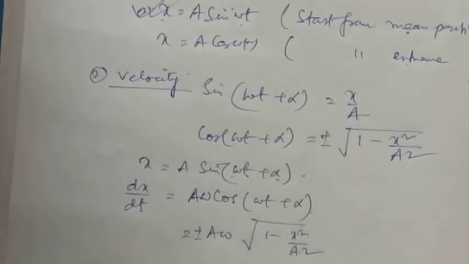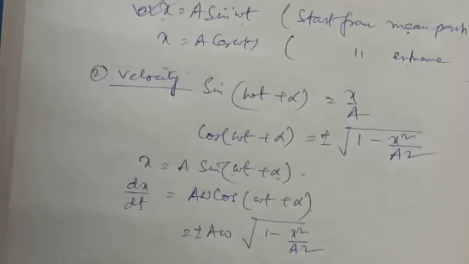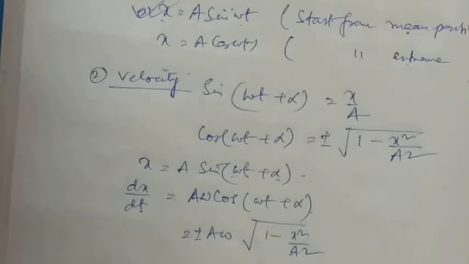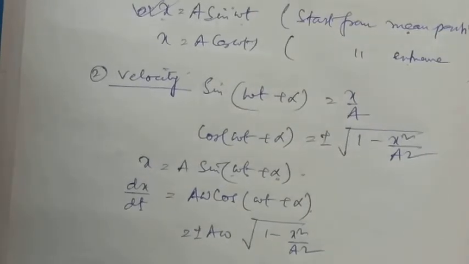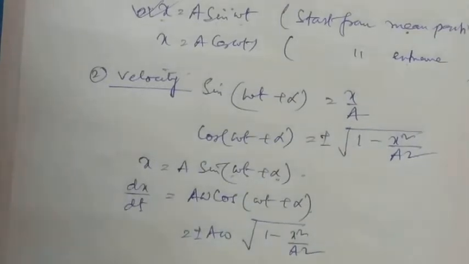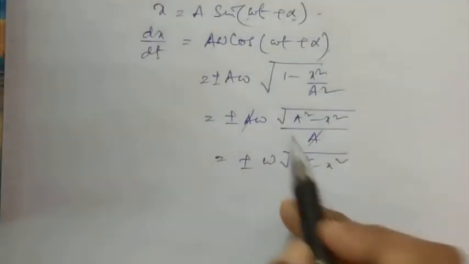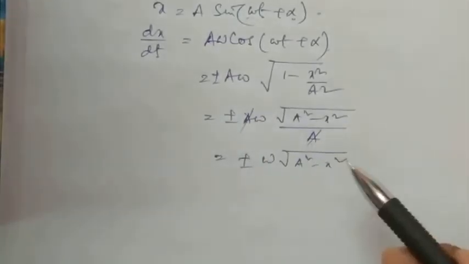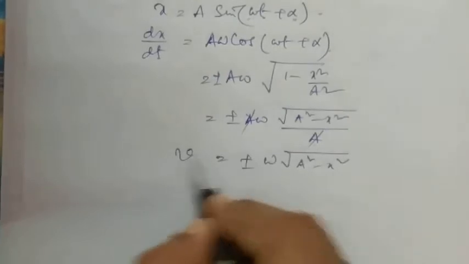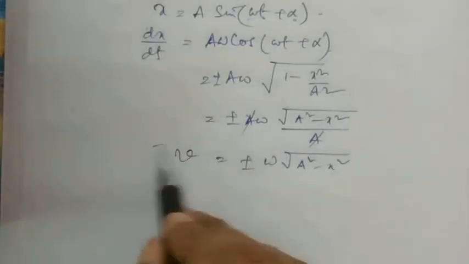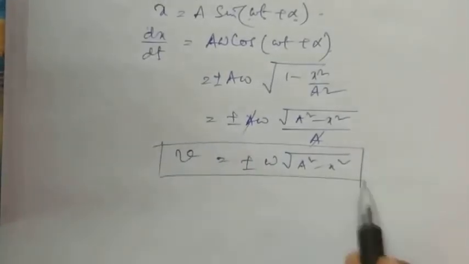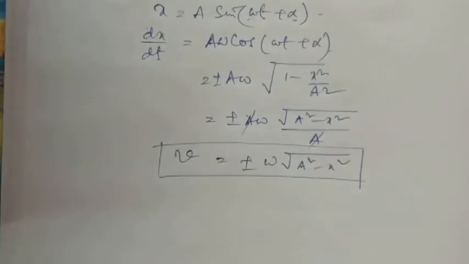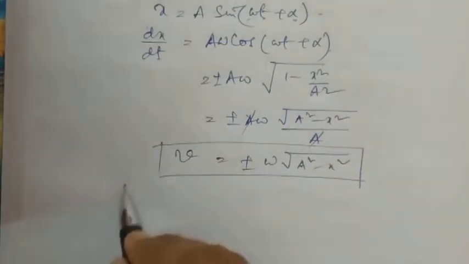So plus minus a omega root of a square minus x square, divided by a. The a and a get cancelled, so dx by dt, that is v, is equal to plus minus omega root of a square minus x square. This is the general formula for the value of velocity.